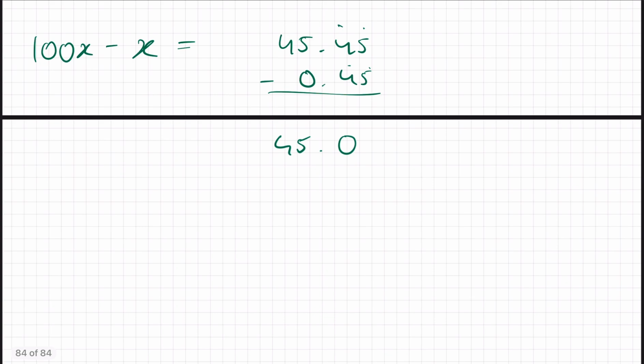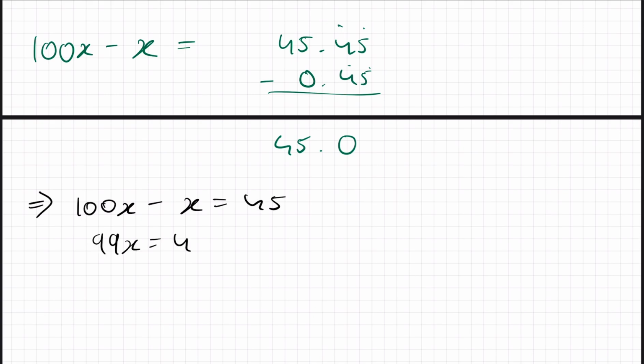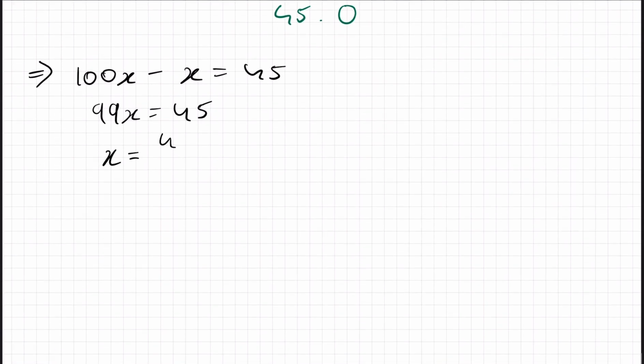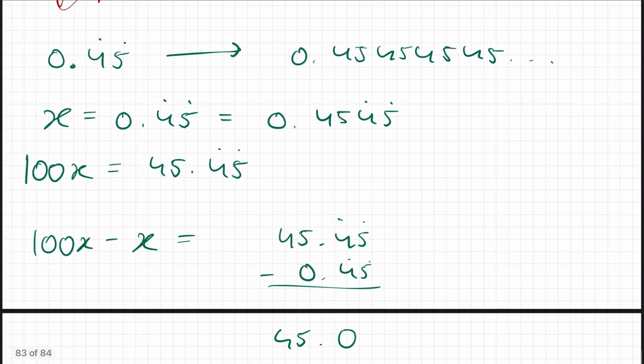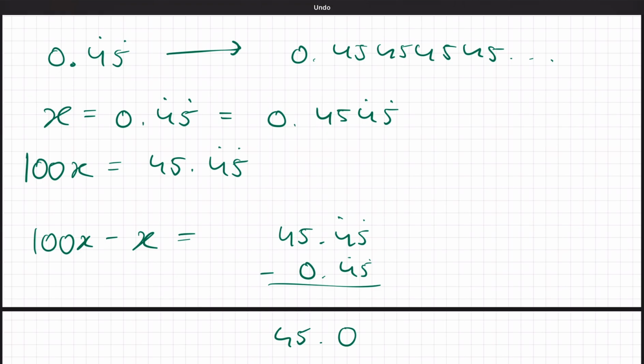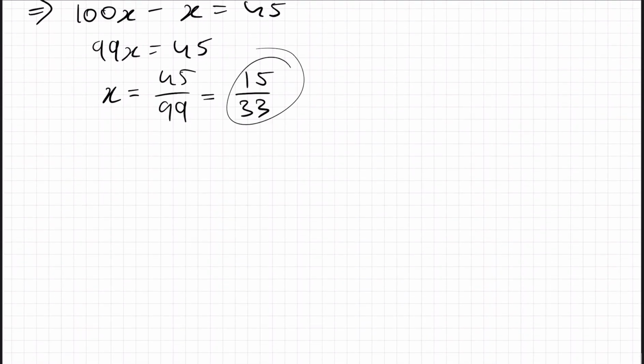Here's the algebra now, just to finish it up. 100x minus x is equal to 45, so 99x equals 45, or x equals 45 over 99, which can actually be simplified to 15 over 33. So there we go. That's how we managed to convert 0.45 recurring into 15 over 33.